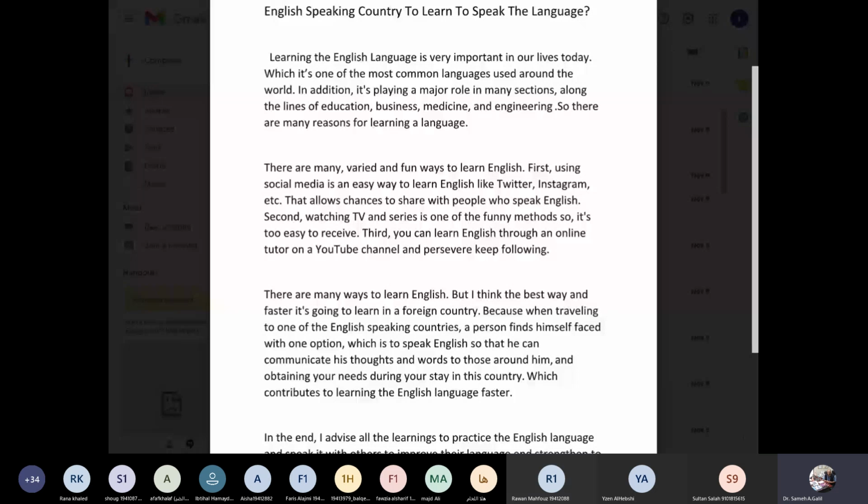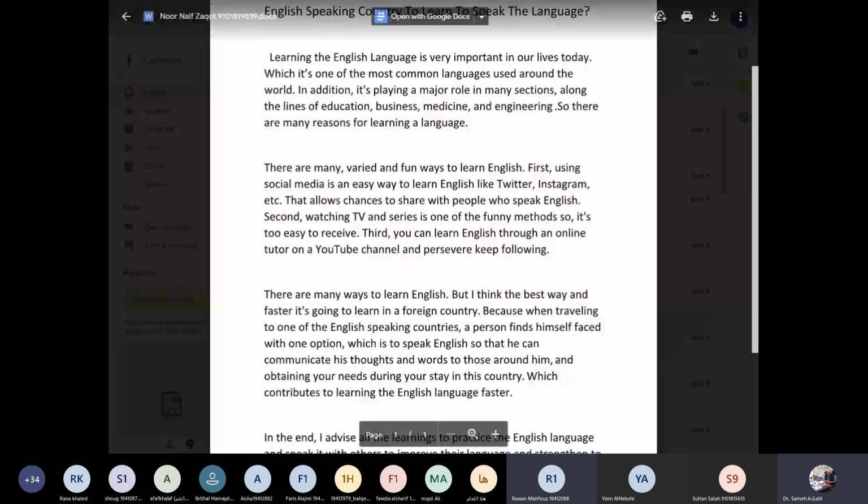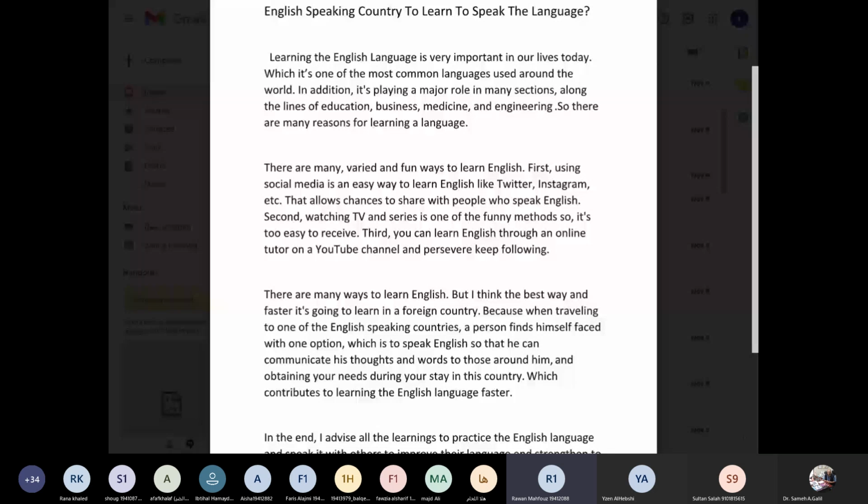Yes. Where is this? In the third paragraph. Let me check that.